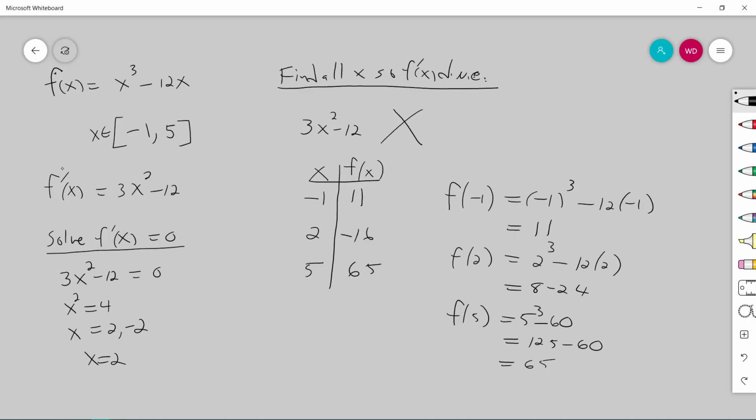One of them must be the absolute minimum. So f of 2, that value, which is -16, that's your minimum value. And f of 5, that being the largest value in this list, would be 65, and that's your maximum. That's it. That's how the problem is done.